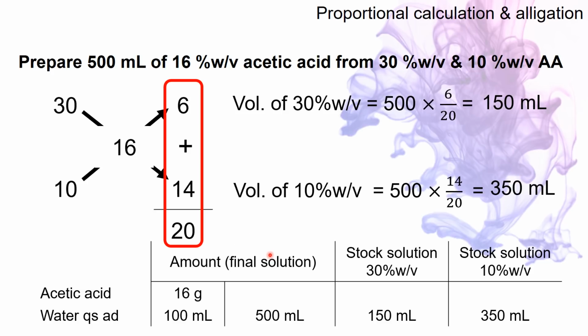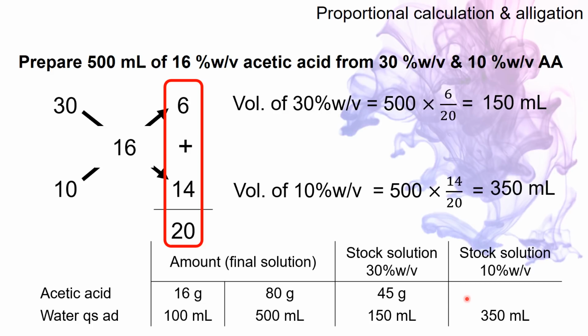You'll see that for the final solution, we will need 16 grams in 100 ml. So for 500 ml, you will need 80 grams, which is just 5 times the 16 grams. From the stock solutions, we have the two of them, 10% and 30%. From the value calculated, 150 ml of 30% will contain 45 grams.